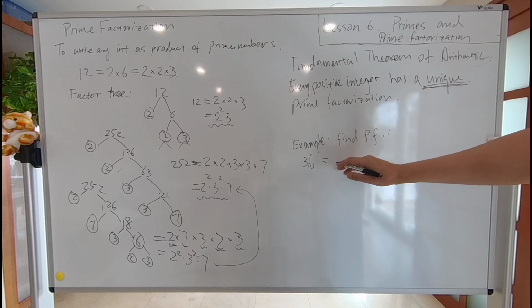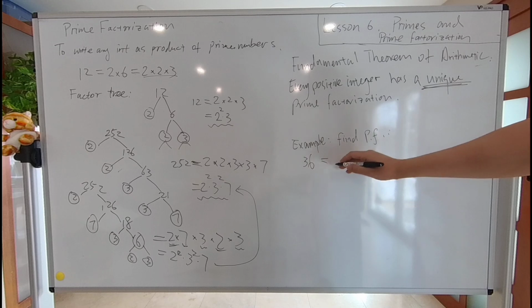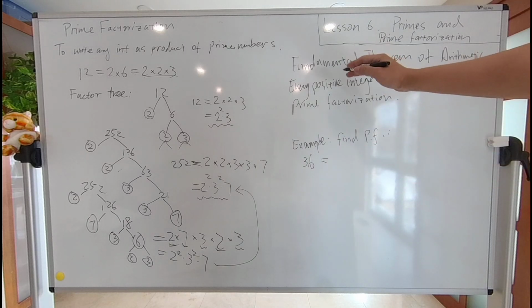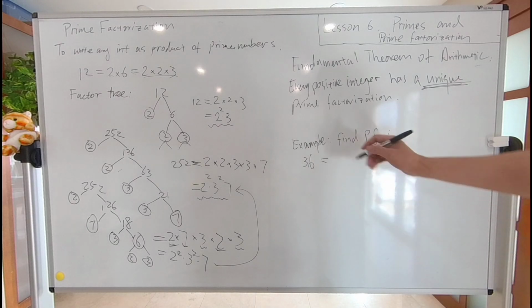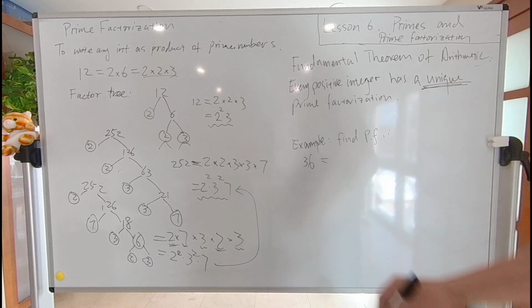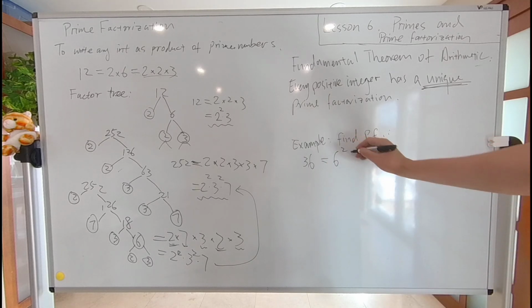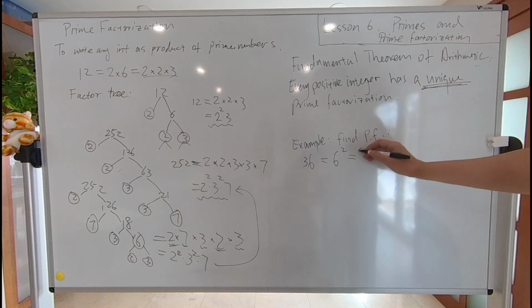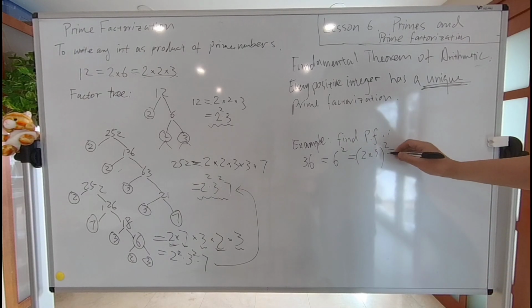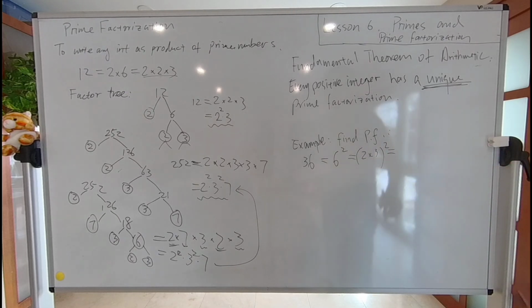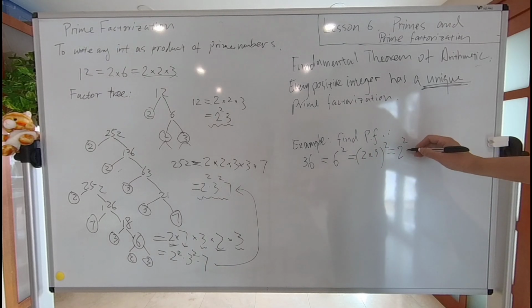Actually, I can use a random factor to start with. Based on the fundamental theorem of arithmetic, this will end up with the same prime factorization. Here, 36 is obviously a perfect square of 6, so it's 6 squared. And 6 can be written as 2 times 3, squared. Remember what we learned in exponents: it's 2 squared times 3 squared.